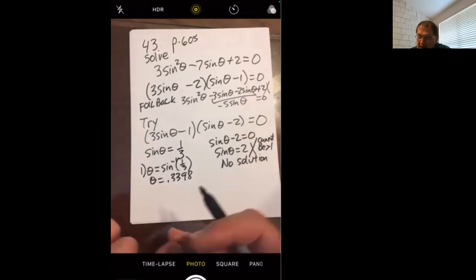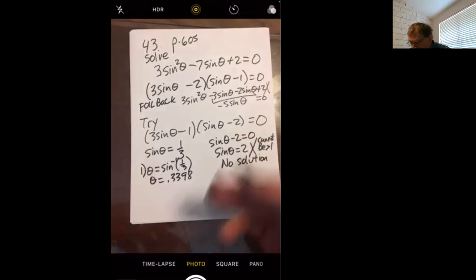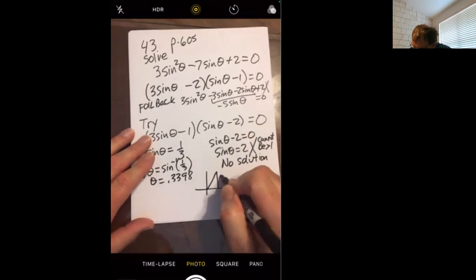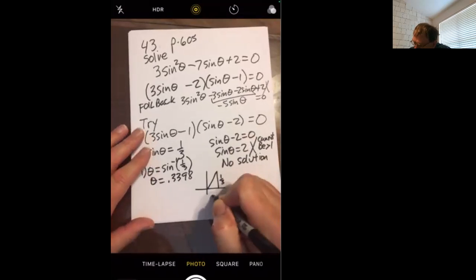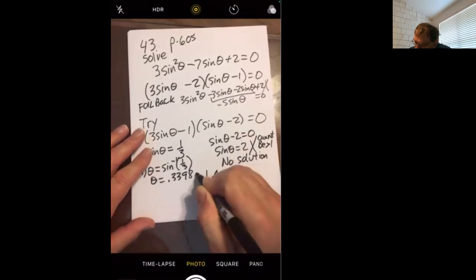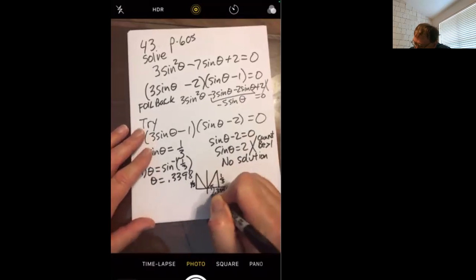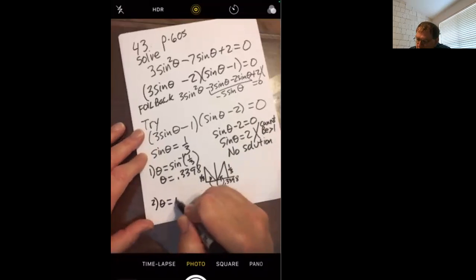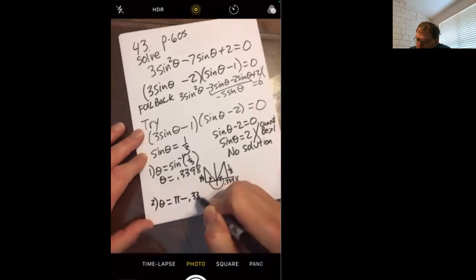Do I subtract from pi, add pi, subtract from 2 pi, add 2 pi? Little picture, your y coordinate is 1/3. Here's your 1/3. This is 0.3398. So I'm going to go pi minus 0.3398.